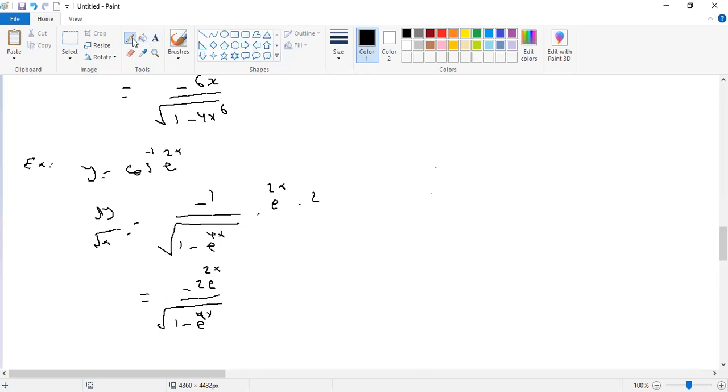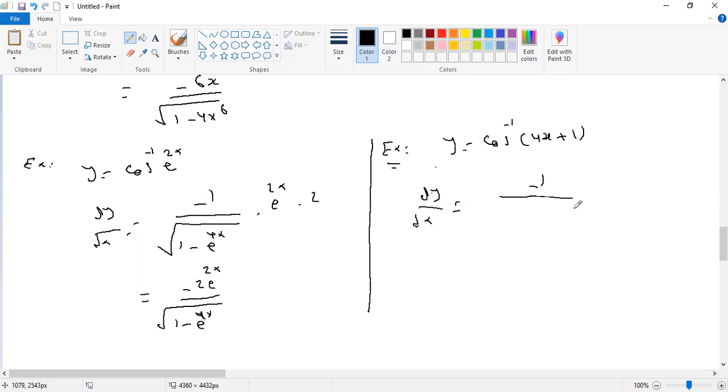Now another example. If I have y equals cosine inverse of 4x plus 1, what is dy dx? dy dx is equal to negative 1 over the square root of 1 minus (4x plus 1) squared.